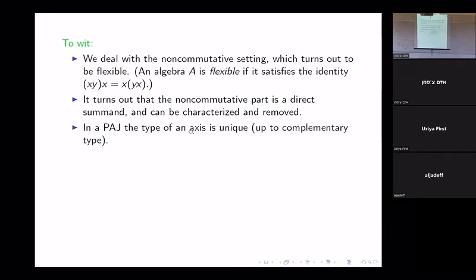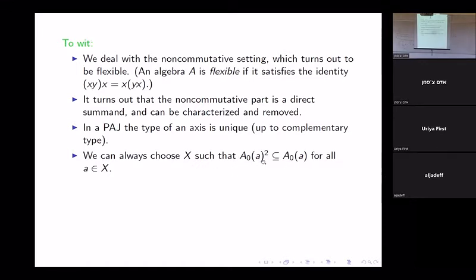And as I said, in a primitive axial algebra of some type lambda, the type is unique. It's either lambda or 1 minus lambda. And if you choose it correctly, well, actually, you can always choose between -1 and 2, if it's both of them, and you choose 2.